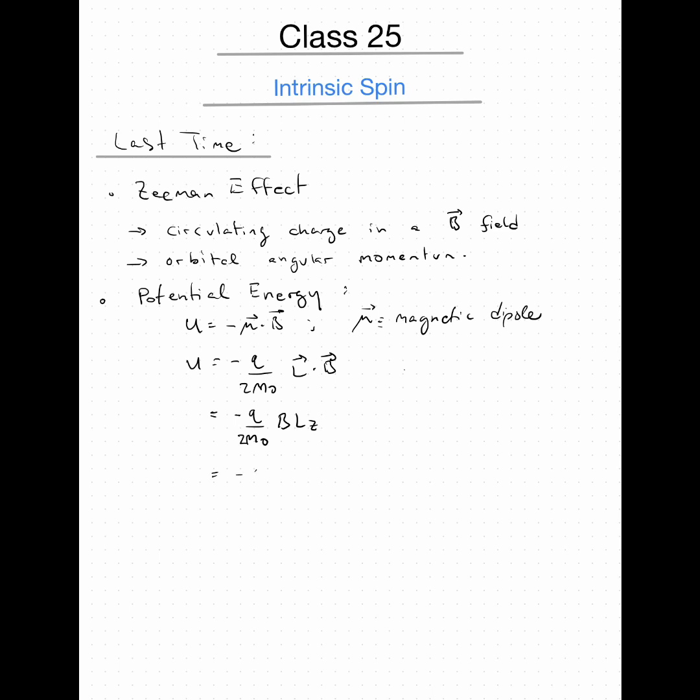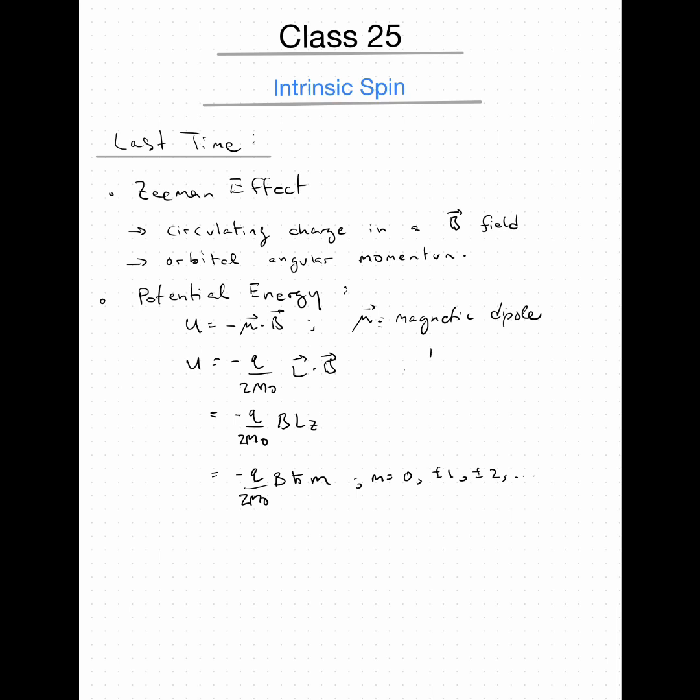And that can be equal to minus Q over 2m naught B h bar m, where m is equal to 0, plus or minus 1, plus or minus 2, and so on. Okay?